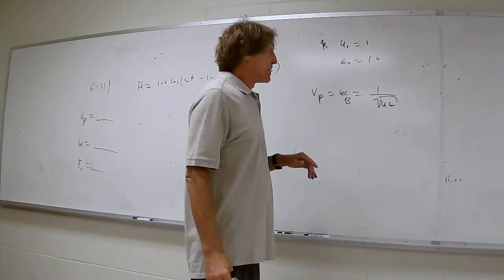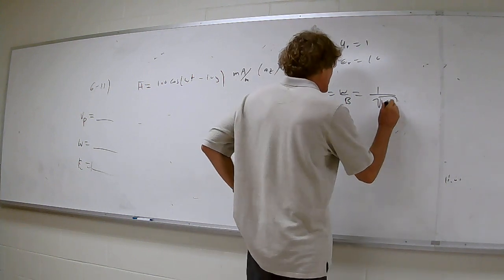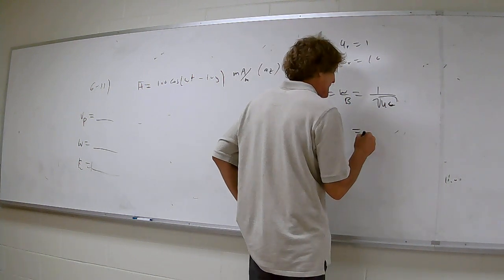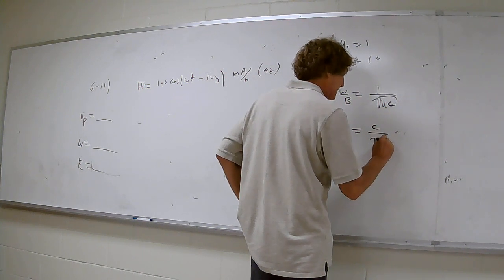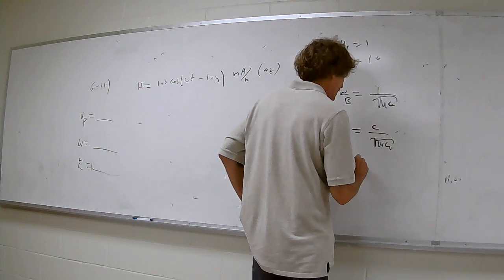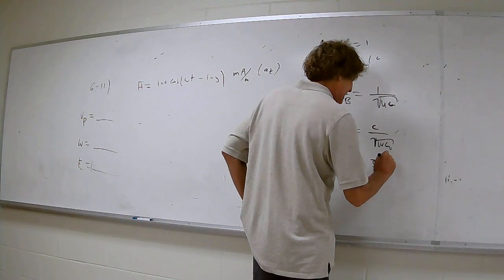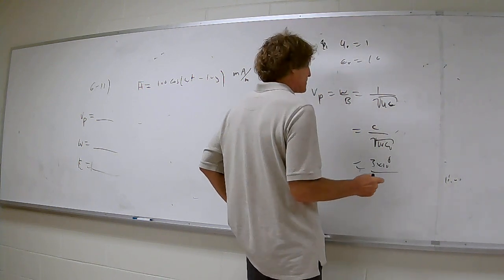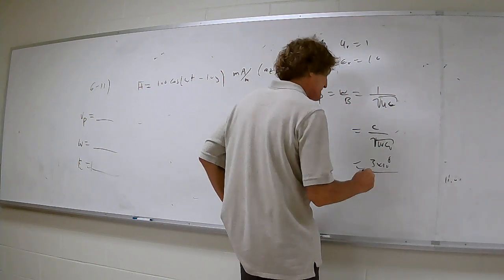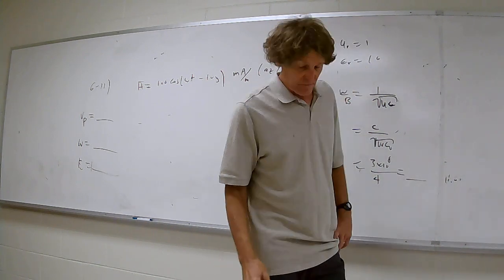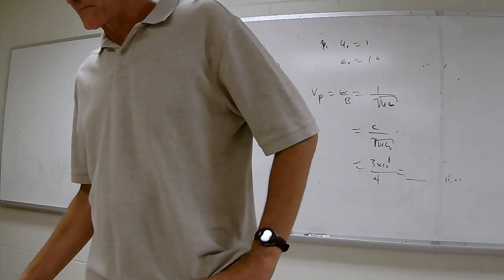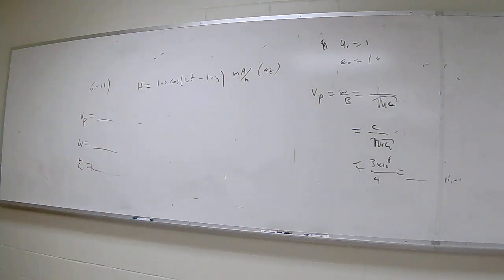So this is c divided by the square root of mu relative epsilon relative. That's 3 times 10 to the 8th over, mu relative is 1, square root of 16 is 4, so that should be the phase velocity. It's 0.75 times 10 to the 8th, or 7.5. And that's correct. Okay, you with me, class?